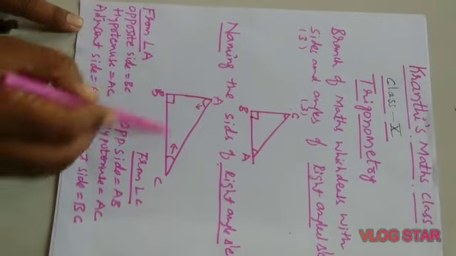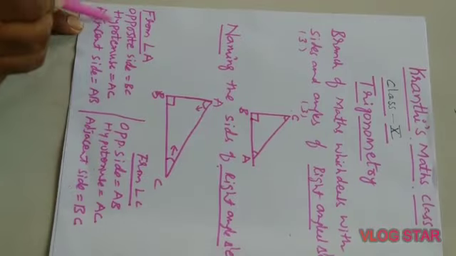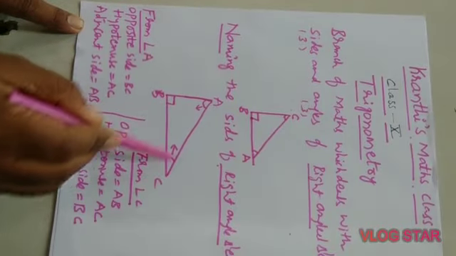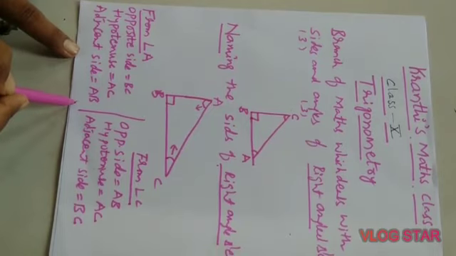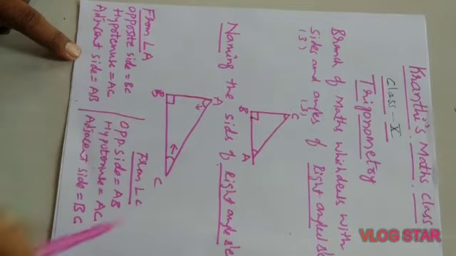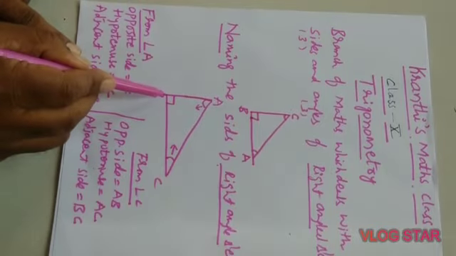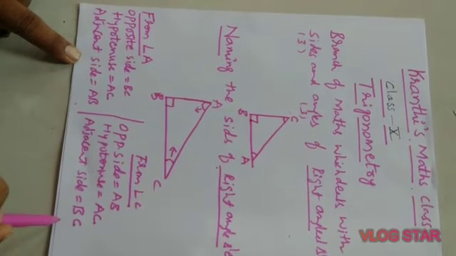From angle A, the opposite side is BC, the hypotenuse, the highest length of a side in a right angle triangle, is AC, and the adjacent side is AB. In the same way, from angle C, the opposite side is AB, the hypotenuse is AC, and the adjacent side is BC.